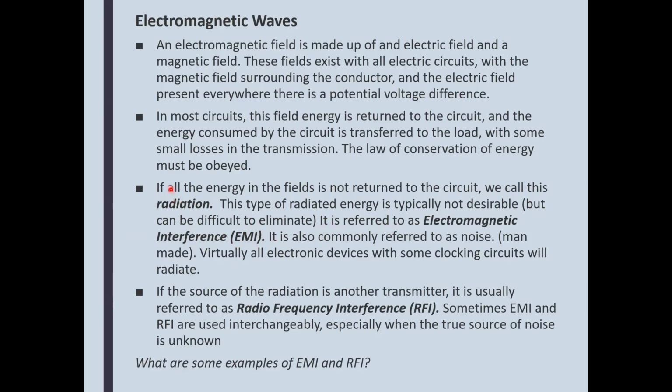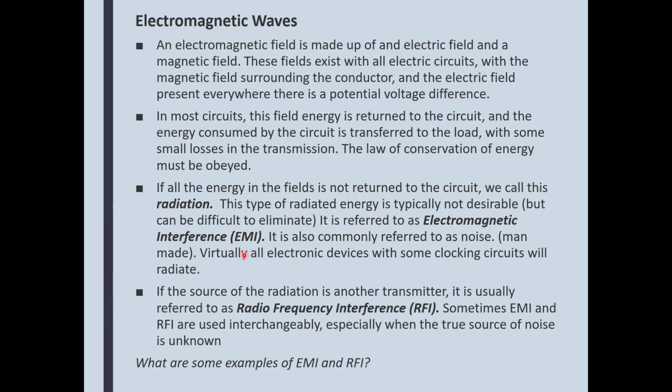Okay, let's go again here. If the energy in the fields, electrical and magnetic, is not returned to the circuit, as the circuit quote unquote breathes, we call this radiation. Some energy escapes. This type of radiated energy is typically not desirable, can be difficult to eliminate, and is referred to as EMI.